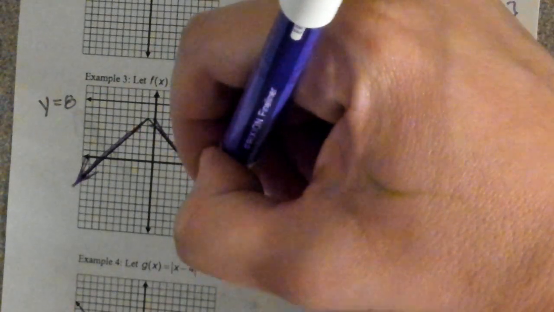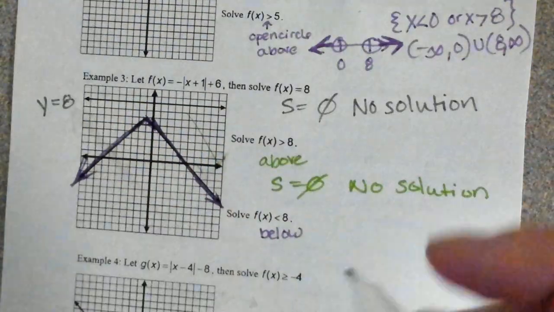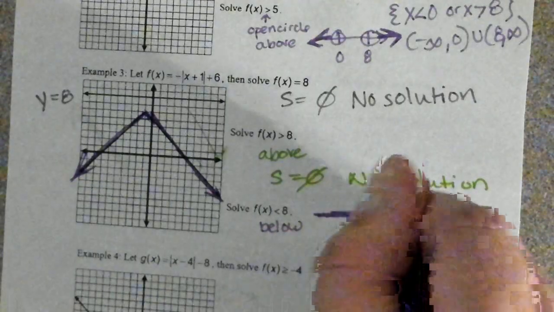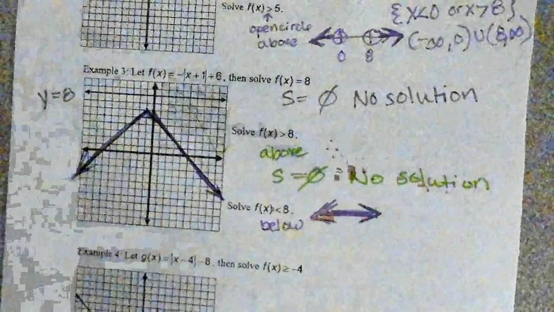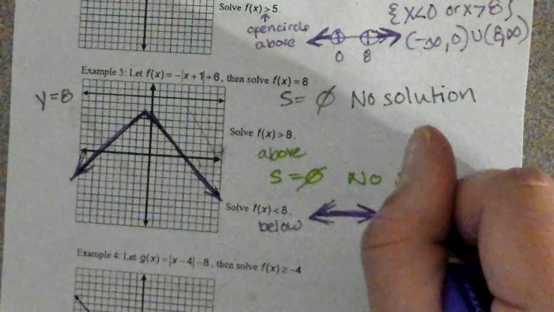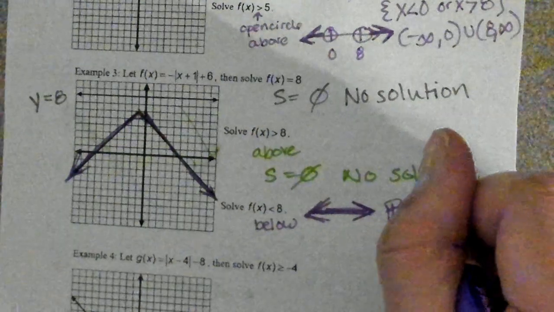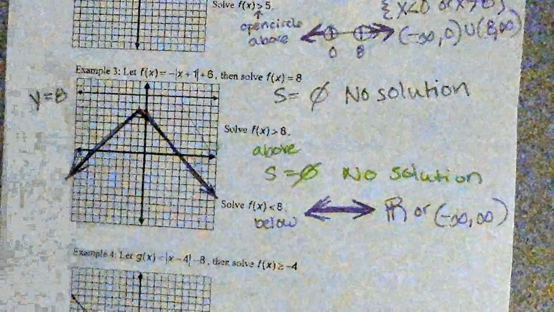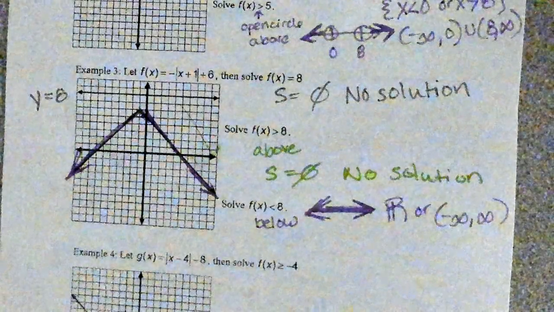We're not going to say no solution. We're going to say all real numbers, because our number line diagram would look completely shaded in. Our solution is all real numbers, or in interval notation, negative infinity to infinity, because the whole thing is under the line.